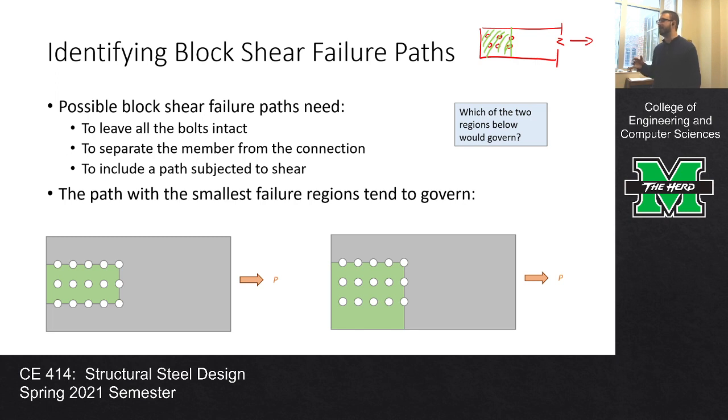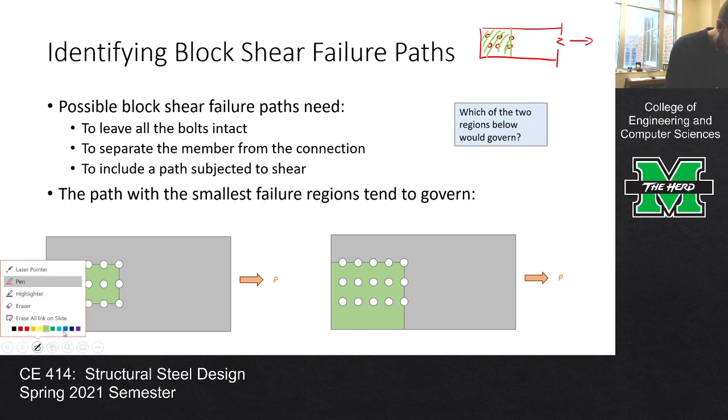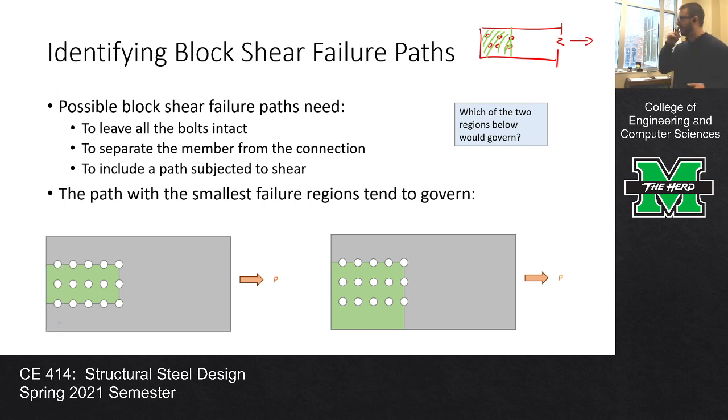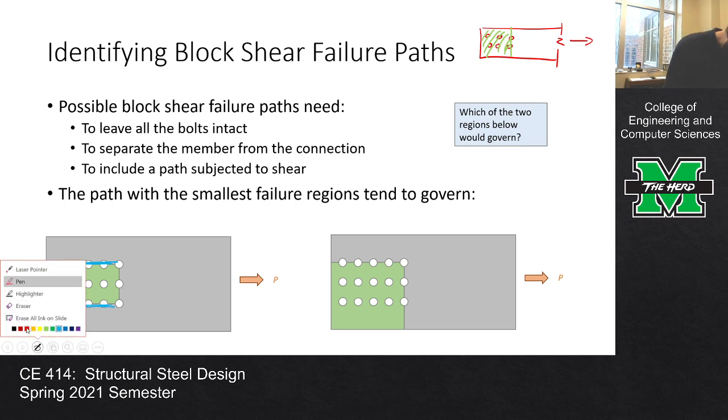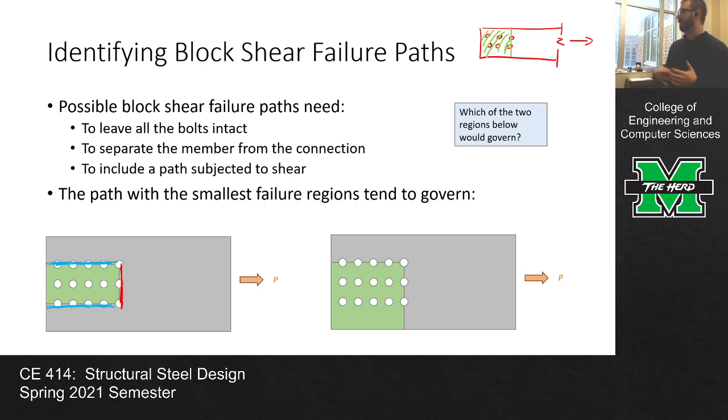So assuming everything's symmetric, I'm proposing that these are two possible failure paths. And what I'm getting at in terms of the mechanics is, if we look over here on the left, all of this path is subjected to shear, and all of this path is subjected to shear. And then this path here is subjected to tension.